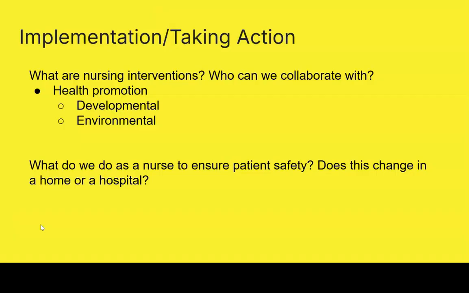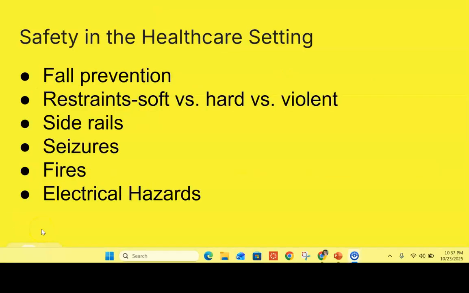In the environmental aspect, we're thinking of oxygen use. We know it's flammable, food safety, fire safety, poisoning, use of medications, and transmitting pathogens. There are some critical aspects of safety in the healthcare setting.